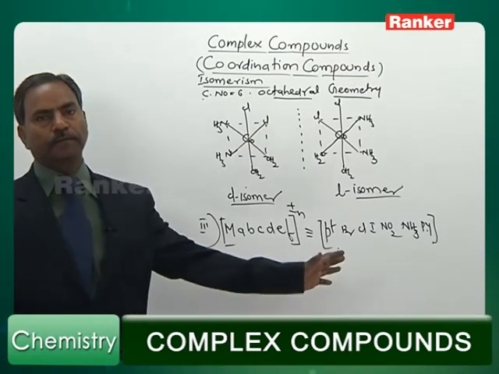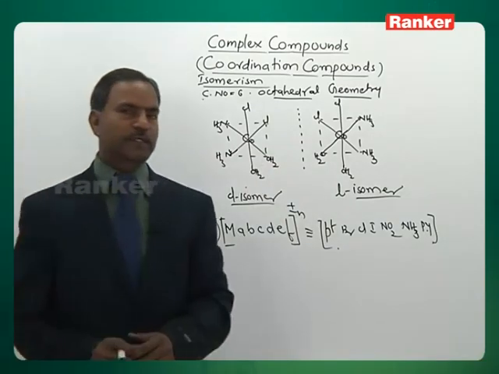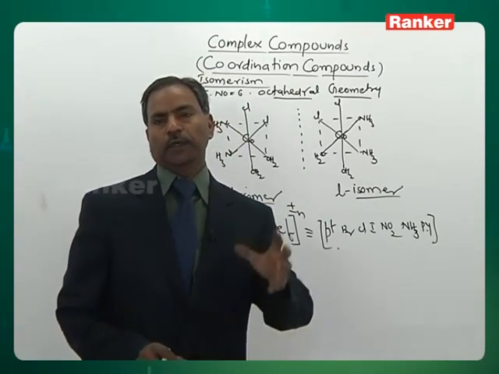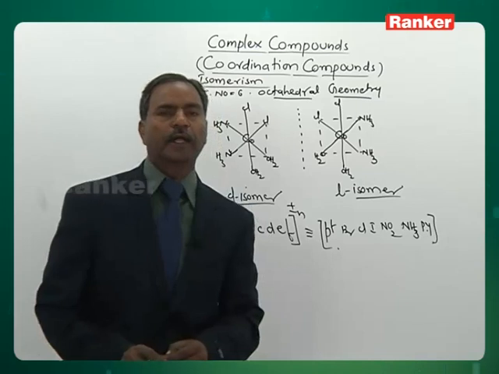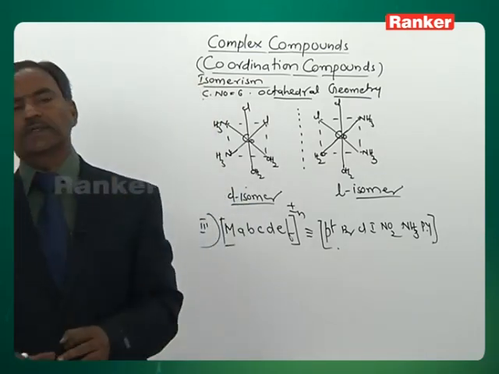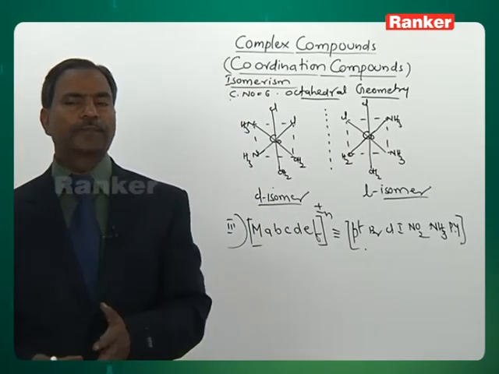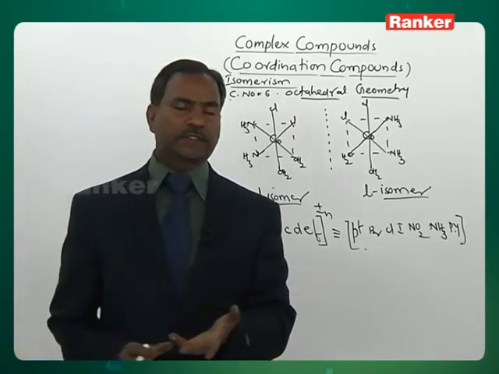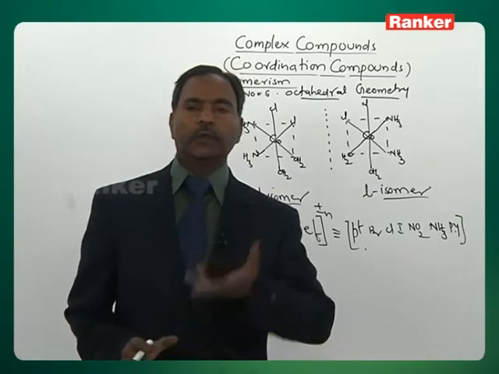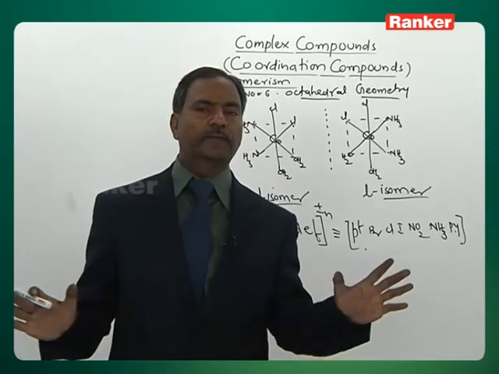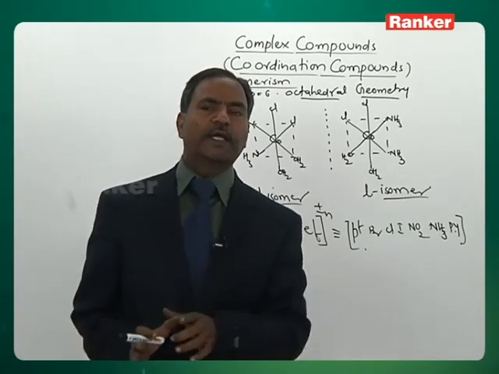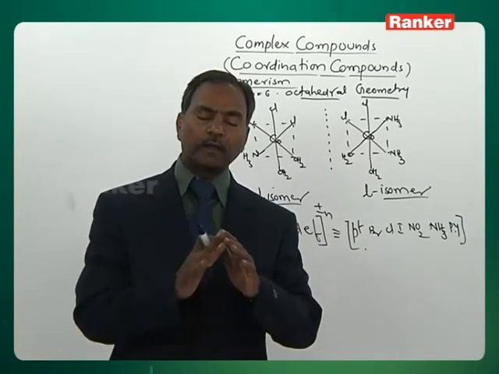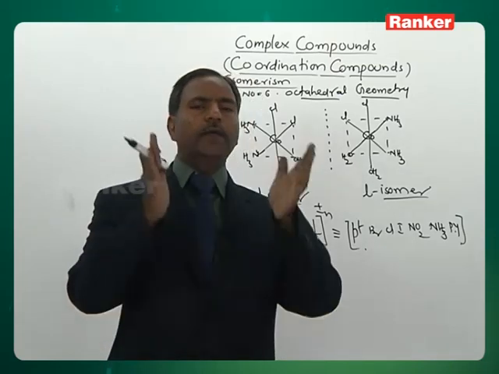I recurrently gave this complex in geometrical isomerism also. I said 15 geometrical isomers are possible, out of which 12 are cis isomers and 3 are trans isomers. But all these 15 geometrical isomers are unsymmetric, because no two ligands are identical. This complex cannot be cut into equal halves at any angle you take.